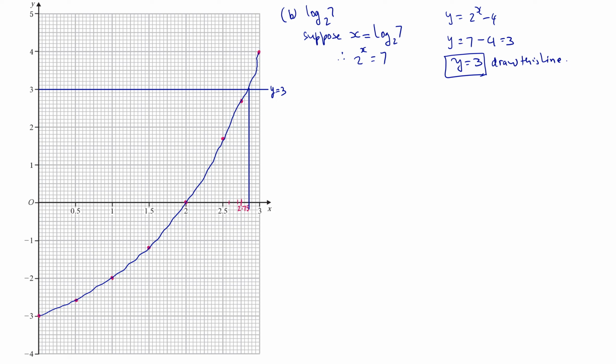So at y equals 3, x is 2.85. Therefore, log to the base 2 of 7 is 2.85. I think it is a bit off, but well, that's part B.